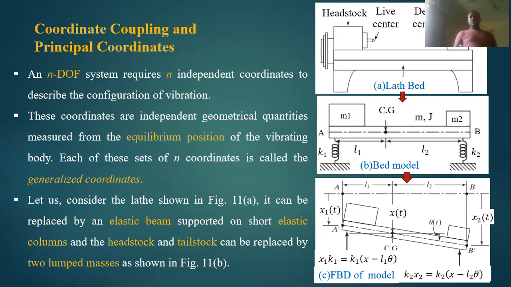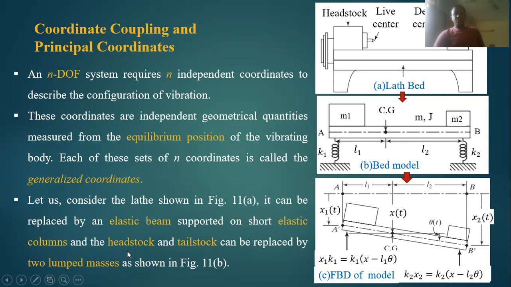So let's consider the lathe bed as shown in the figure. It can be replaced by an elastic beam for the portion of the lathe bed, and it has short elastic columns, represented with stiffness K1 and K2.